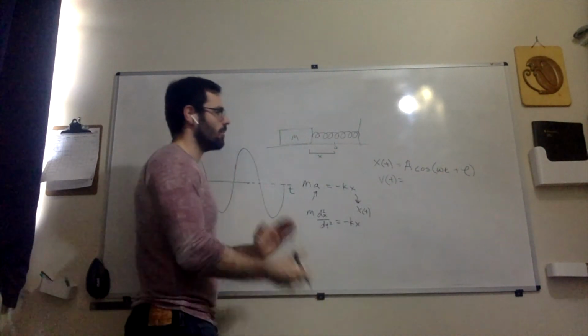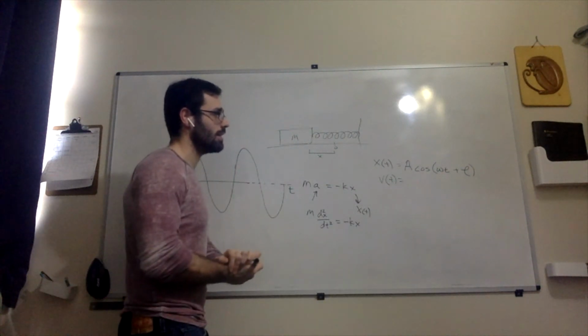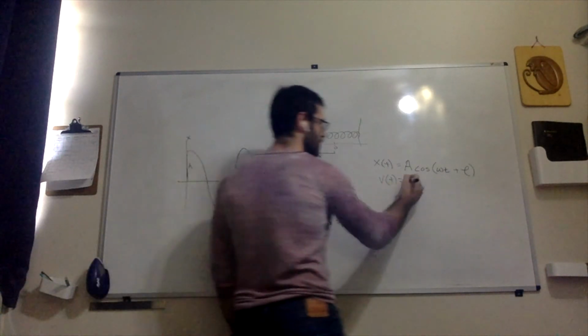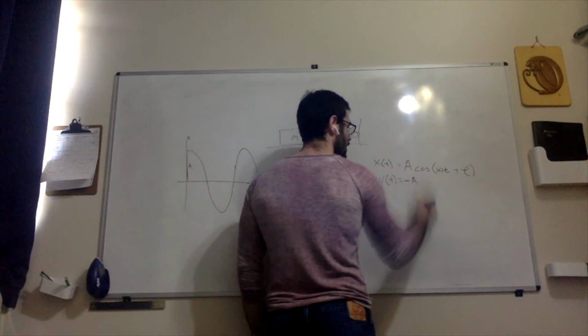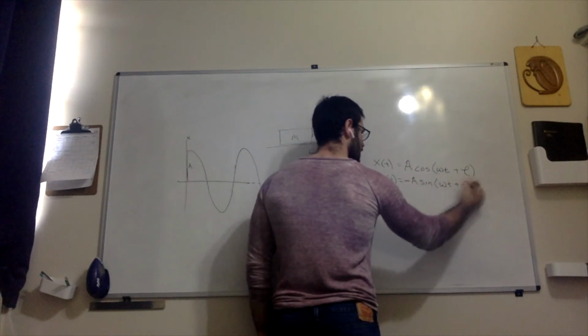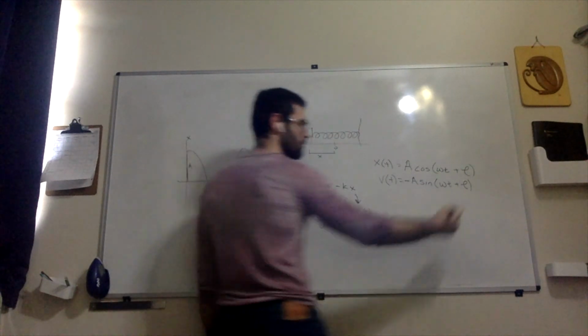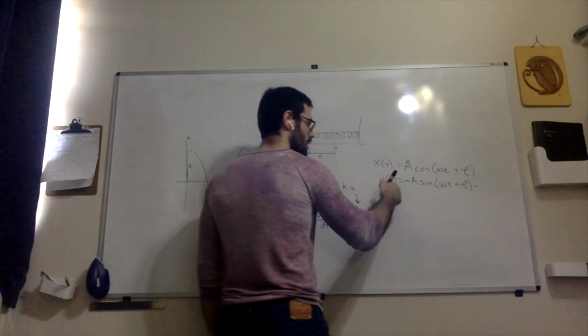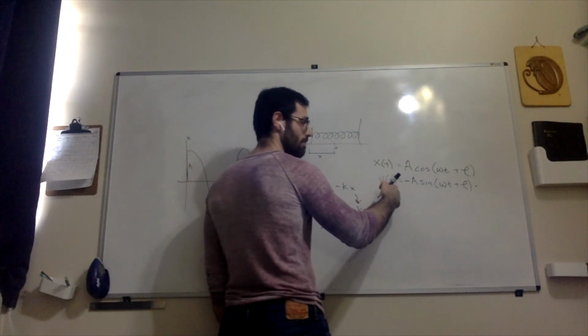Okay, so what is the derivative of cosine? It is negative sine. So I have a negative A sine of whatever's inside, and then I have to use the chain rule with the omega, because time is the thing that I'm differentiating with respect to.